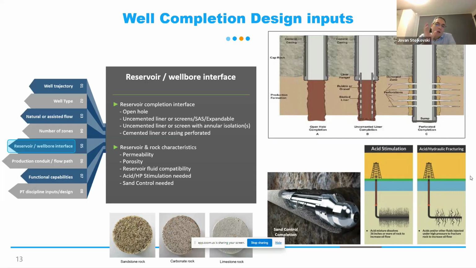But if the rock is semi-consolidated, then across this open hole, which is the picture in the middle, top picture, you can see that we install some sort of standalone screen, or we can go for a gravel pack. So gravel pack in the open hole keeps our small particles from coming into the wellbore during production.